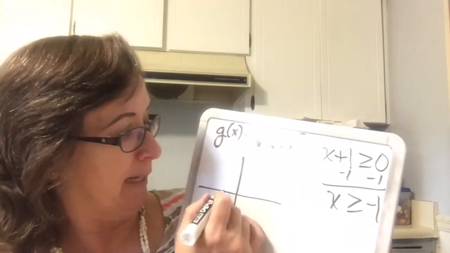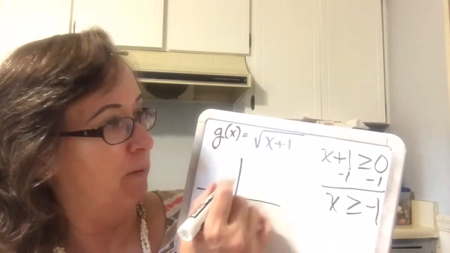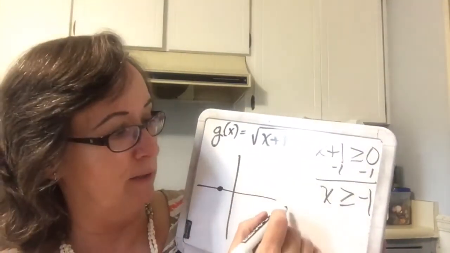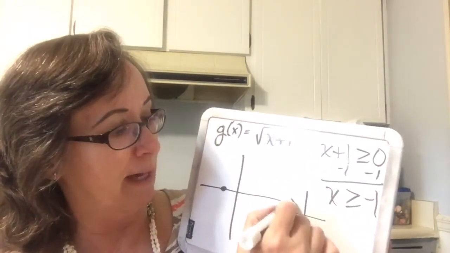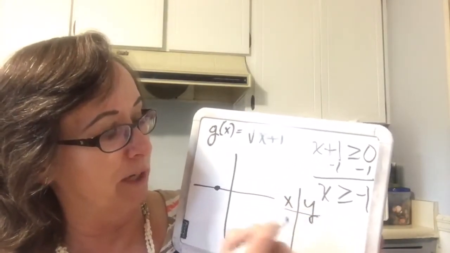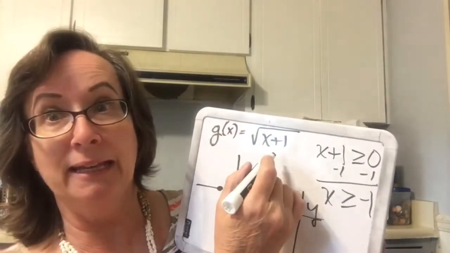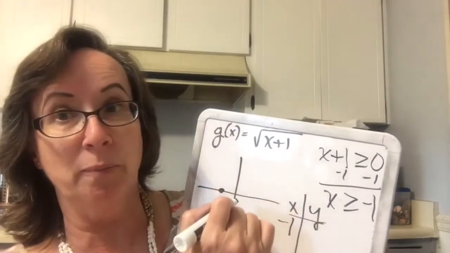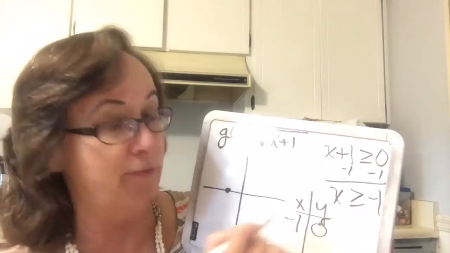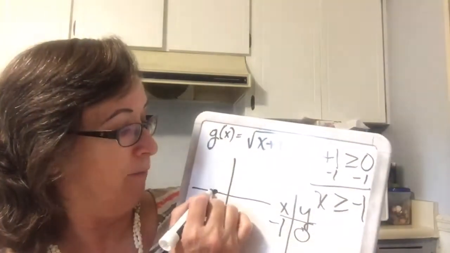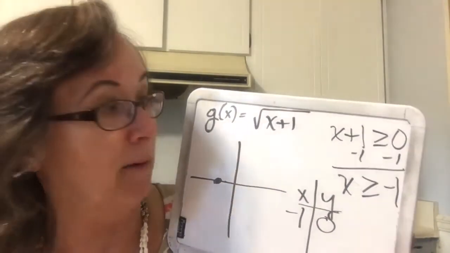So we're going to plug in the negative 1. And when we plug in a negative 1, so here's our little grid here. We've got our x and our y, or our g of x here. We plug in a negative 1, and it works. We get negative 1 plus 1 is 0, and square root of 0 is 0. So negative 1, 0 is a point on my graph.